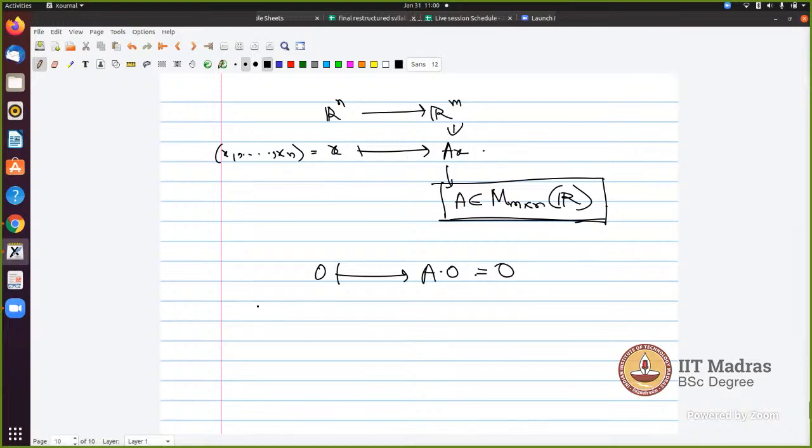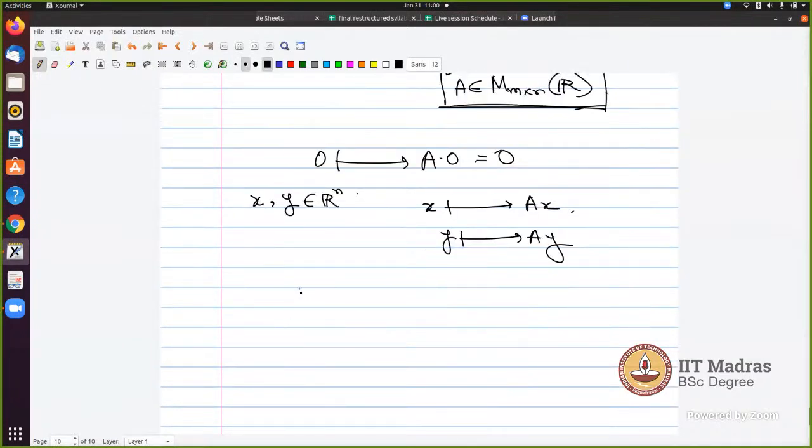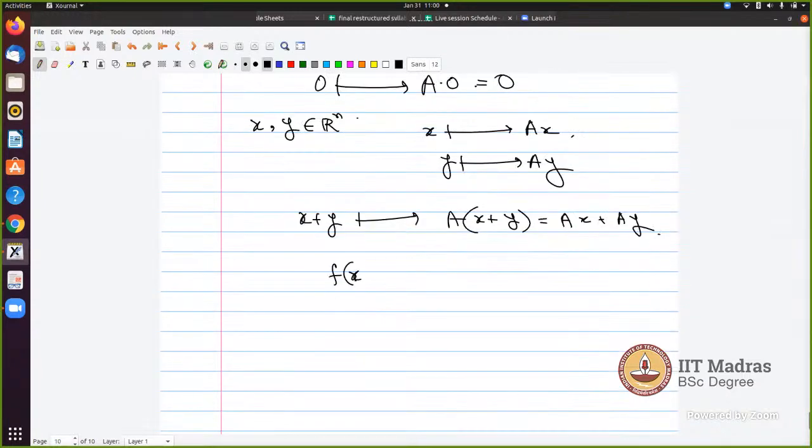If I take two vectors x and y in Rn, x goes to Ax, y goes to Ay. Now where does x plus y go? A times x plus y. Correct? So basically your f of x is Ax, f of y is Ay, then f of x plus y is Ax plus Ay.